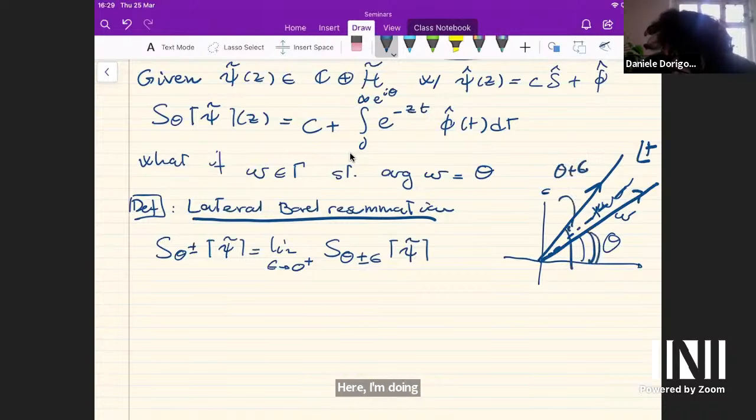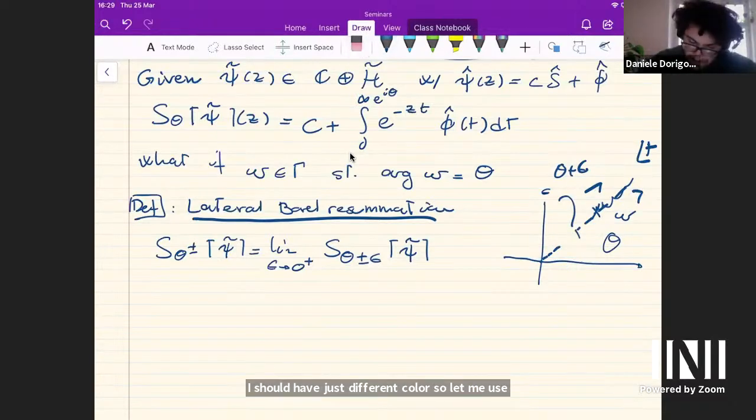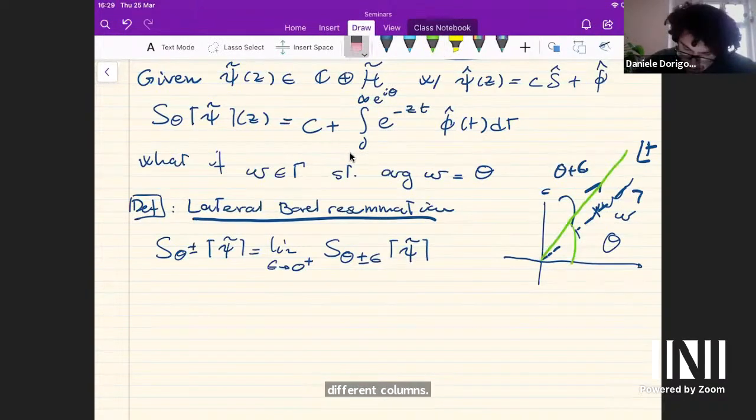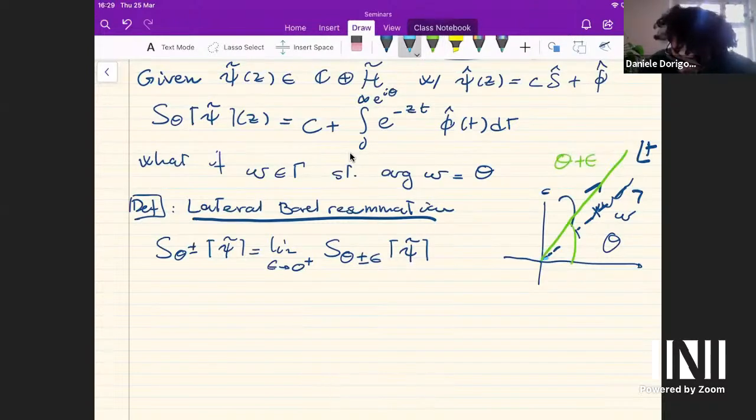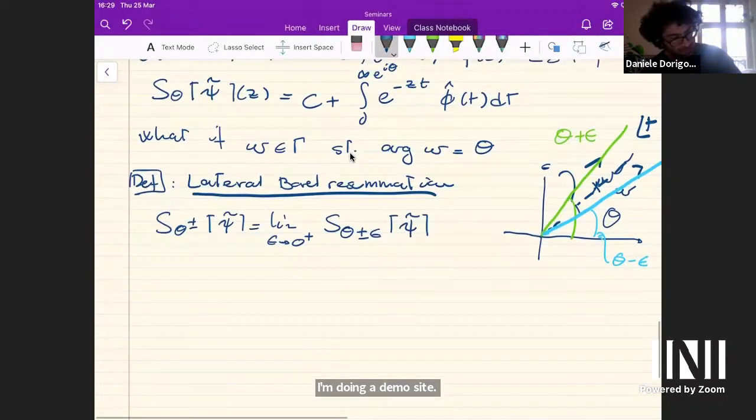And in here, I should have used different colors, so let me use different colors. This is theta plus epsilon. And below, I'm doing theta minus epsilon. Good.